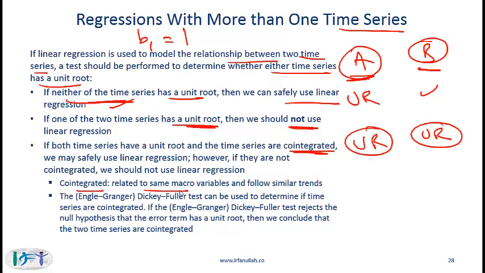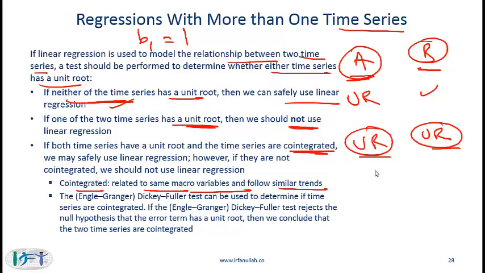Co-integrated means they are related to the same macro variables and follow similar trends. So there is a unit root problem on both sides, but as long as they are co-integrated, which means that they react in the same way to similar economic variables, then we can. If they are not co-integrated, then we cannot use linear regression.